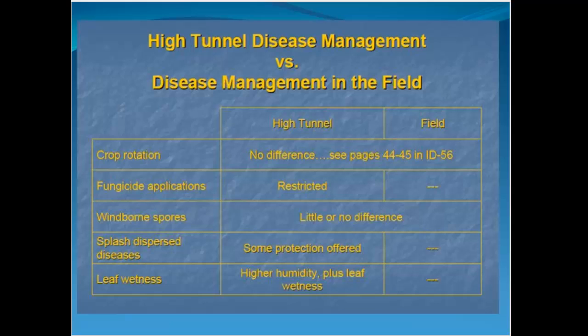We see that inside of a tunnel, we tend to have higher humidity, which can lead to greater leaf wetness in some cases, but that's a trade-off because it also doesn't rain inside of that high tunnel. So when we have prolonged rainy periods like in the summertime when a hurricane backs up and we wind up with 3 or 4 days of rain in a row, at that point the leaf wetness is actually better inside the high tunnel than out.